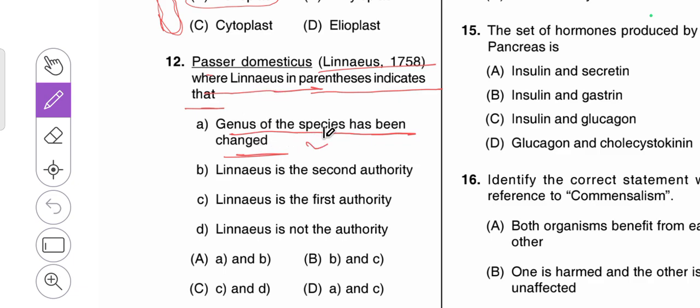Okay, so it is true. Then, Linnaeus is the second authority. It is wrong. Linnaeus is the first authority. So Linnaeus is the first authority. It is false. So 12D is the right answer.